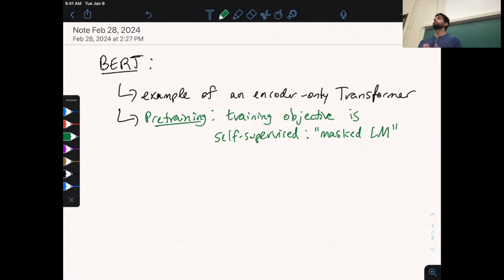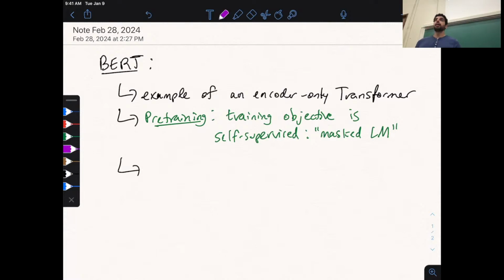Hence, it's a self-supervised algorithm. As long as I can collect text, I can generate data for masked language modeling just like I could for left to right next word prediction. So it's the same class of objective as the normal language modeling objective.